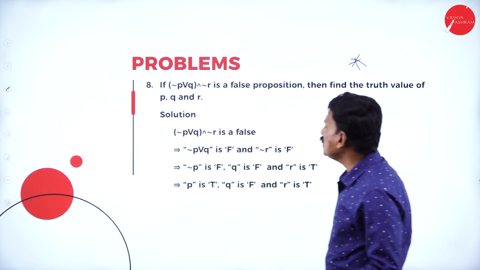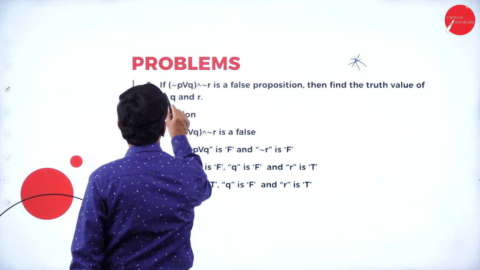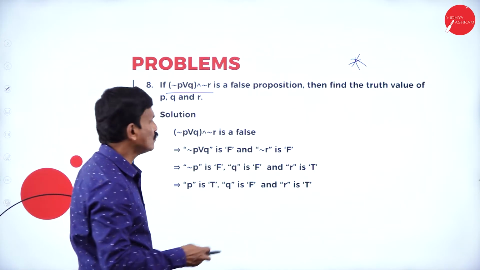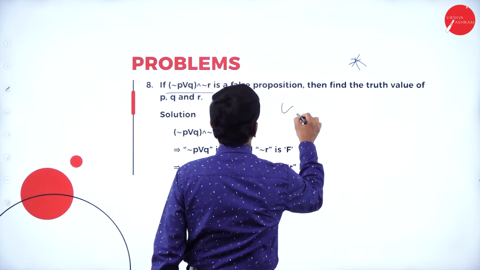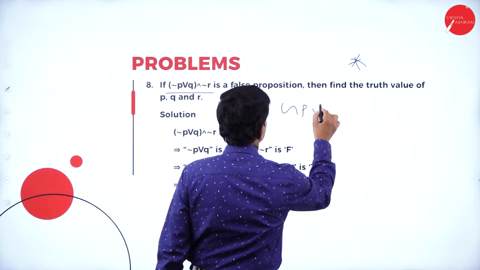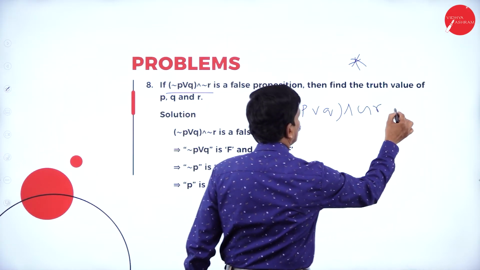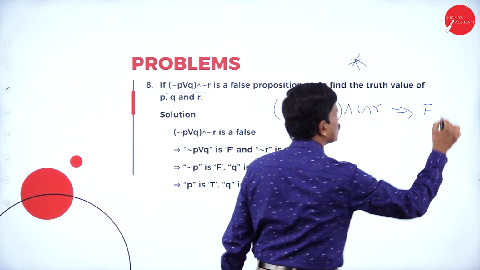If negation P disjunction Q conjunction negation R is a false proposition. So, what is given here? Given negation of P disjunction Q conjunction negation R is false.